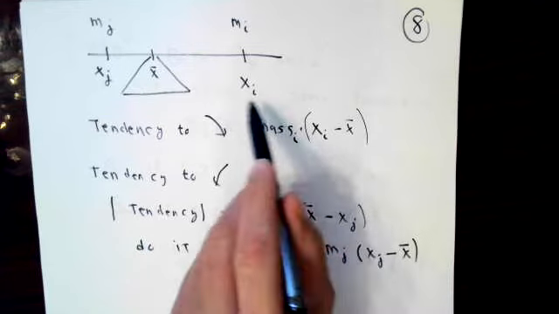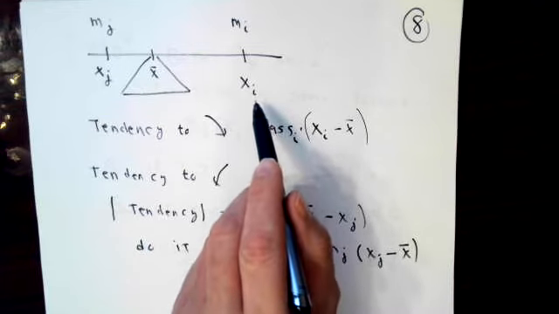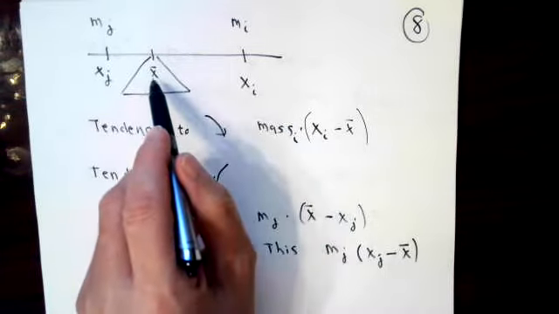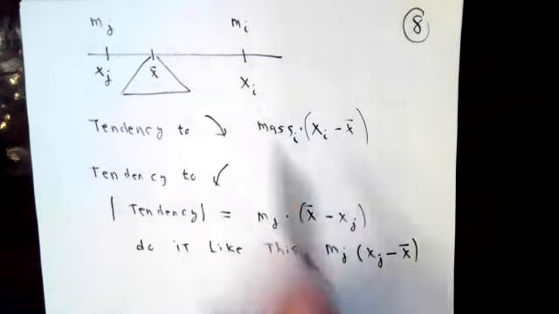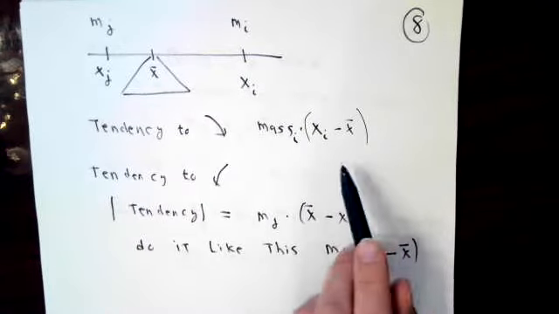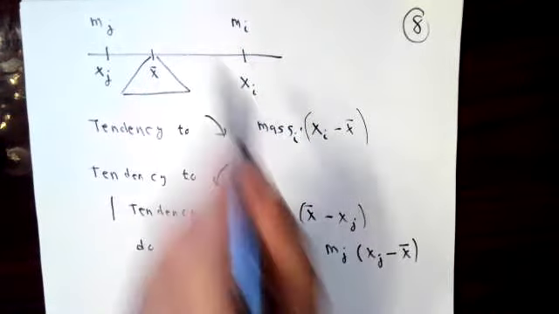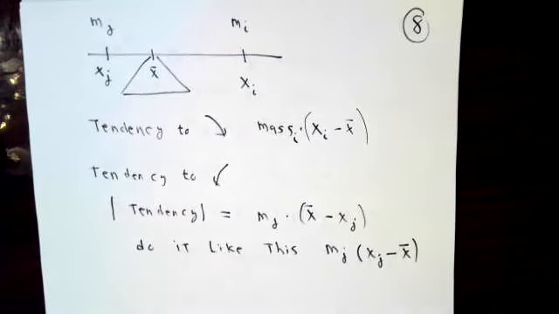If xi is bigger than x bar, like it is in this picture, then xi minus x bar is going to be positive. The mass times that will be positive, and I'll associate positive contributions with motions in the clockwise direction.